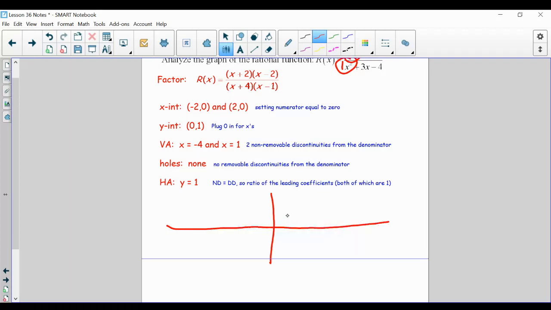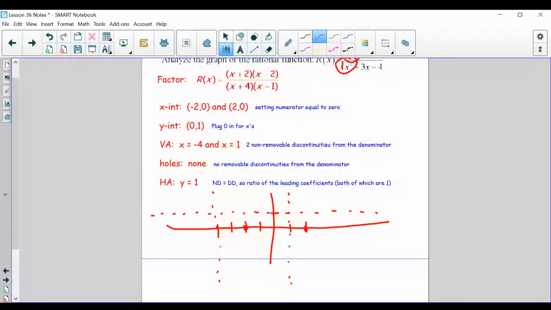So we have x-intercepts at +2, -2. We have a vertical asymptote at 1, at -4. We have a horizontal asymptote at 1, like so.